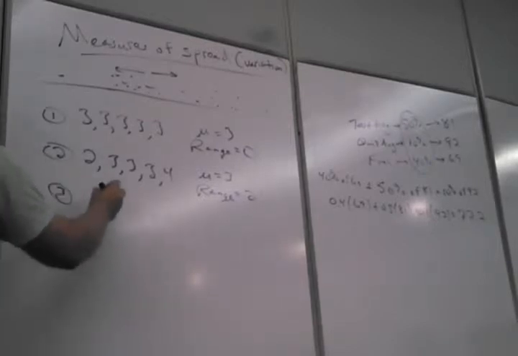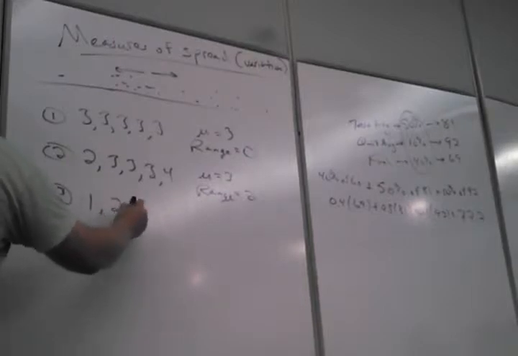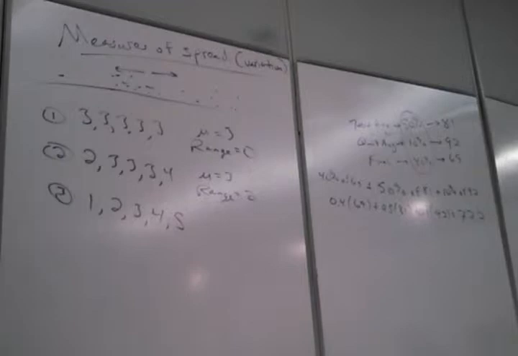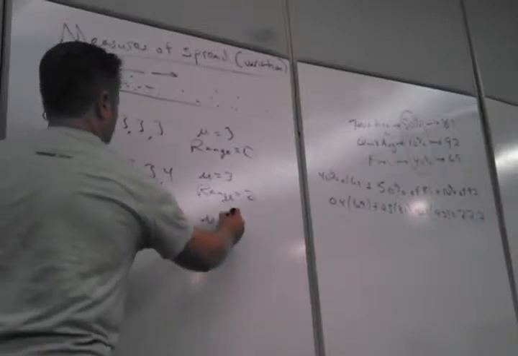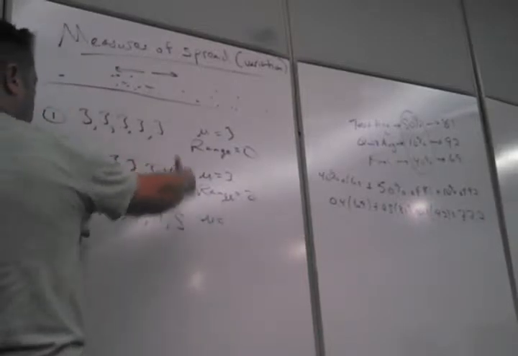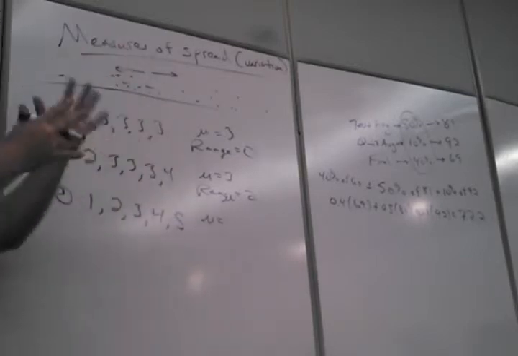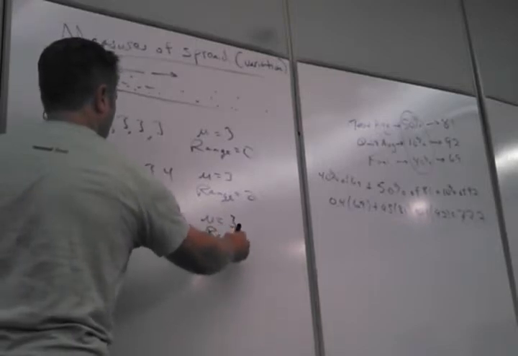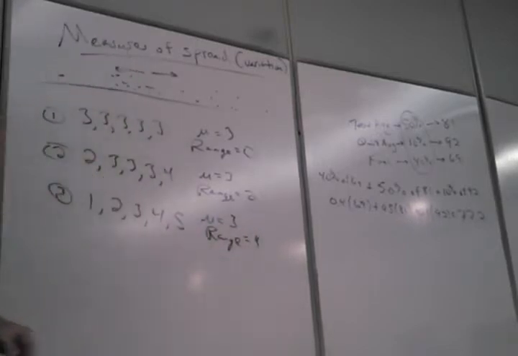What about this one? What's the average there? 3. Why is it still 3? Because I just took one away and took one up, took one away, took one up. They all add up to be the same thing, right? So the average is still 3. What's the range? 4.